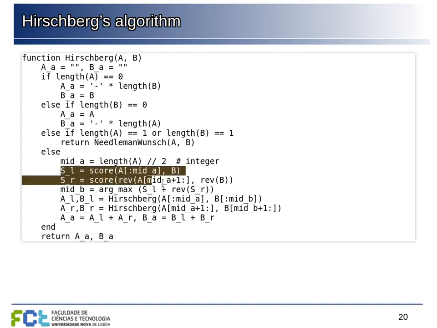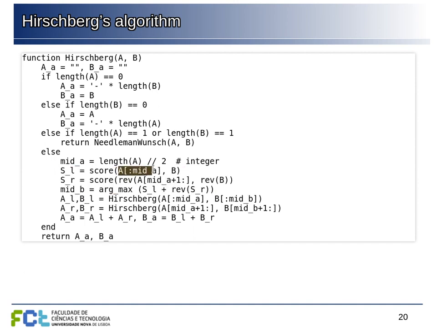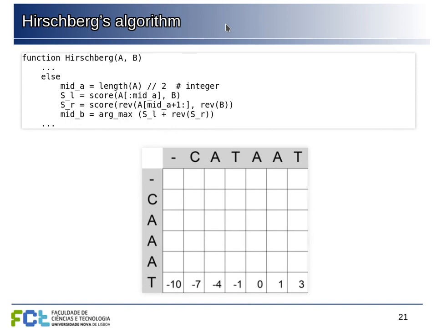Now this is the tricky part: how we find the highest scoring value when we are aligning the left part of A to the beginning of B, and the right part of A to the end of B. So we need to add these two sub-alignments in order to find the position with the maximum value. But note one thing.